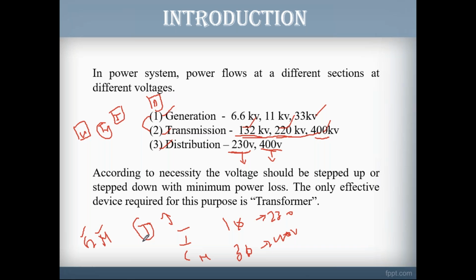I will tell you why. In generator and motor we get three types of losses: iron losses, copper losses, and mechanical losses, because motors and generators have moving parts. But in transformers we get only iron losses and copper losses. Why do we not get mechanical losses in the transformer?